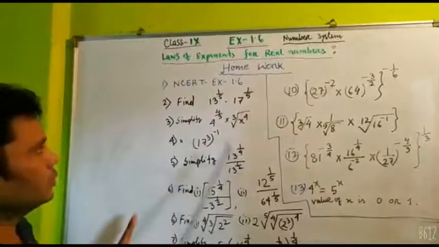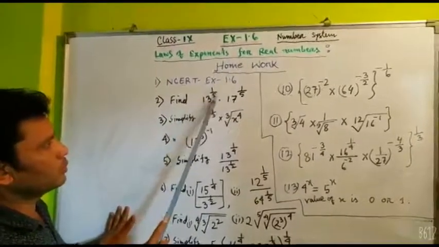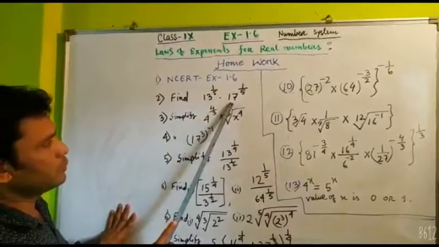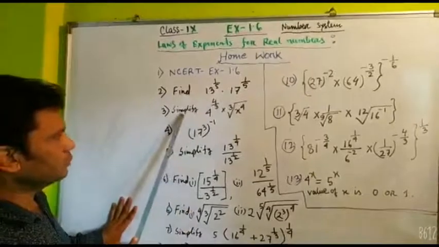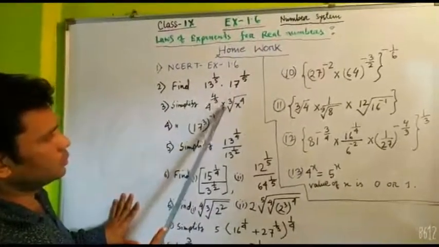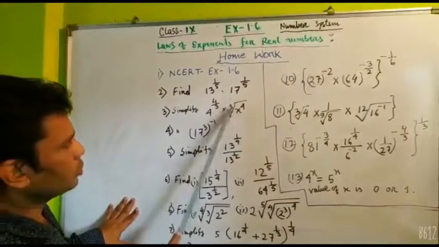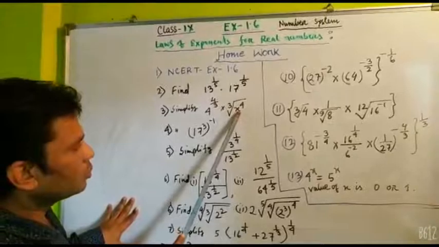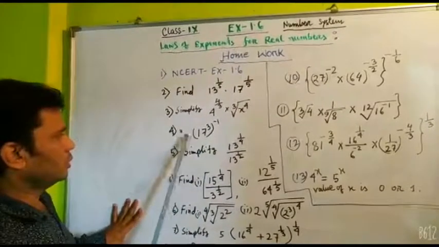Find 13 to the power 1 by 5 into 17 to the power 1 by 5. Simplify 4 to the power 4 upon 3 into cube root of x to the power 4, and simplify (17 cube) whole to the power minus 1.